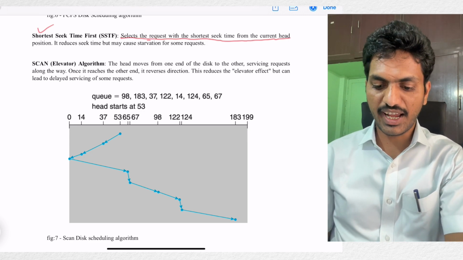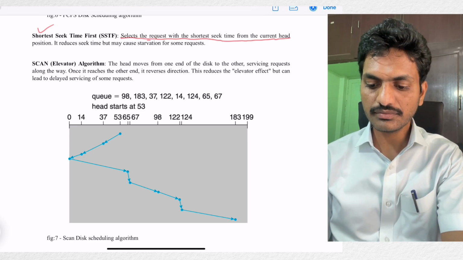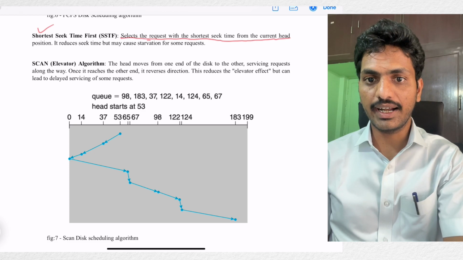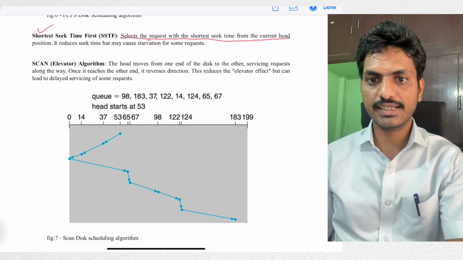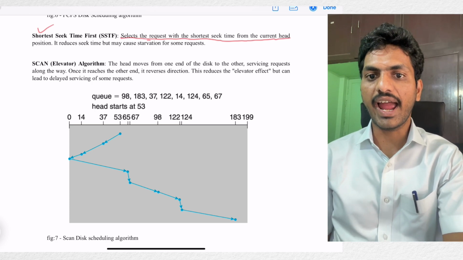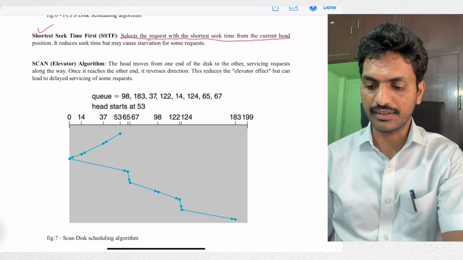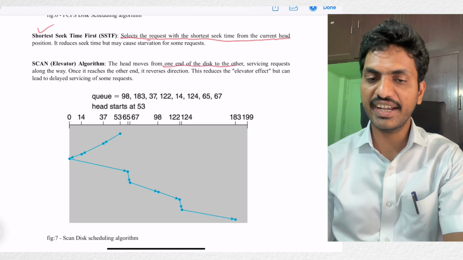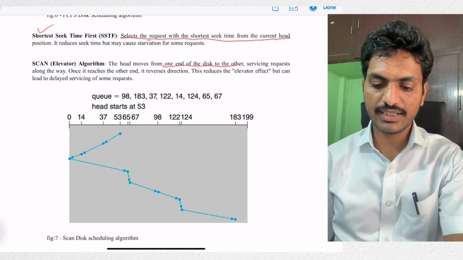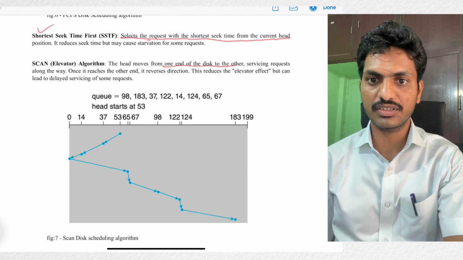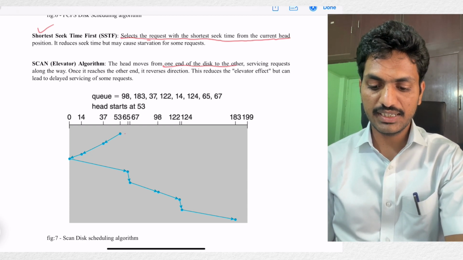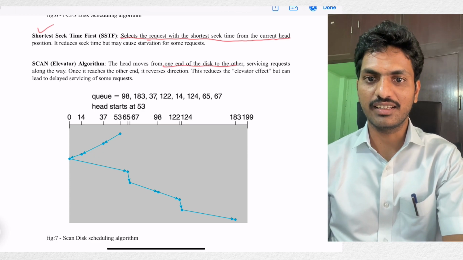Next one, scanning. Here, the read-write head moves from one end to the other end. Starting at 53, as we have seen in first come, first serve, it goes to the left side initially.